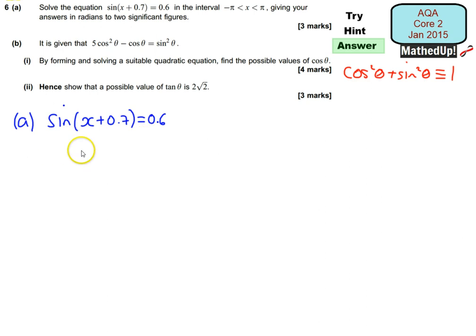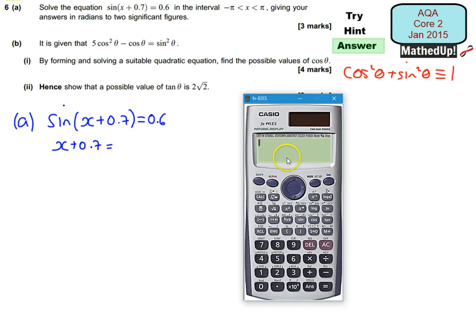So if I take the inverse sine of both sides, that tells me that x plus 0.7 is going to be equal to the inverse sine of 0.6. So I need to make sure that I'm in radian mode here, because we're working in radians, and we're going to do the inverse sine of 0.6.